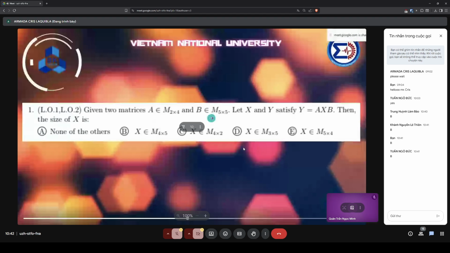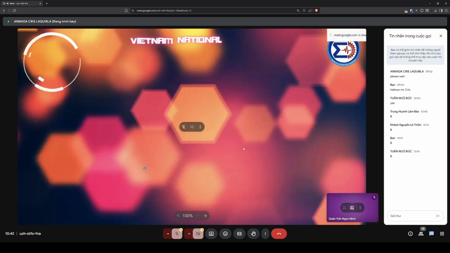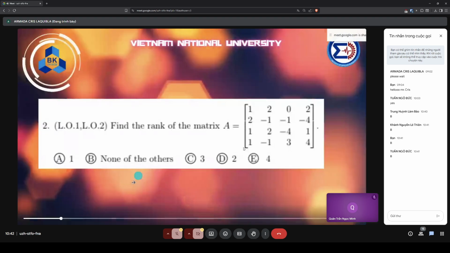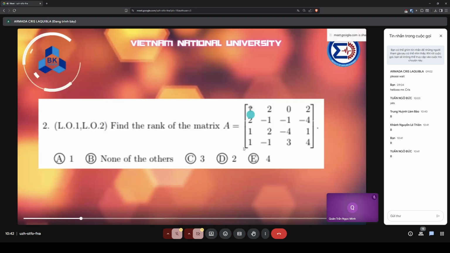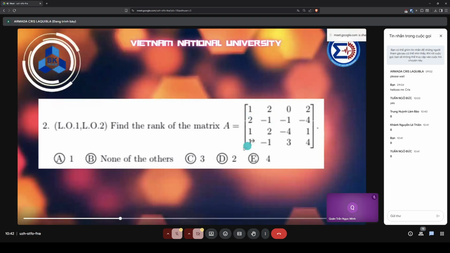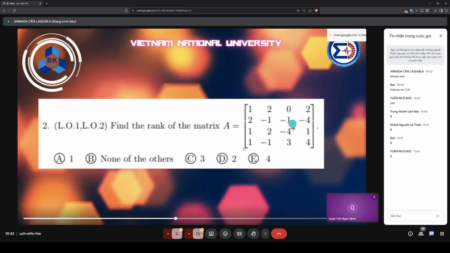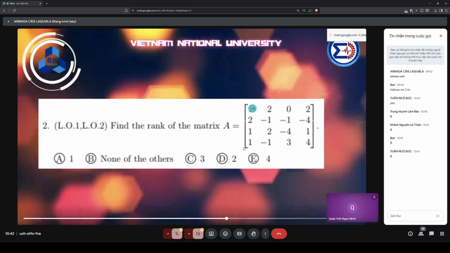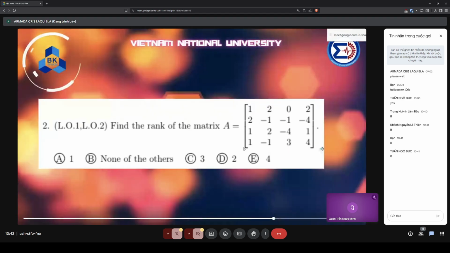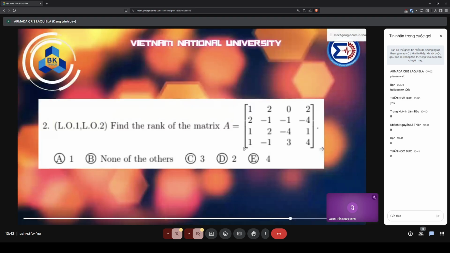Next, question number two. Rank of the matrix. Again, how to get the rank? We make this one here, so it's one already. Next, make this 0, 0. Then make this one here, 0, 0. Then make this one 1. The entries of the main diagonal you should make one, and the rest are zeros.